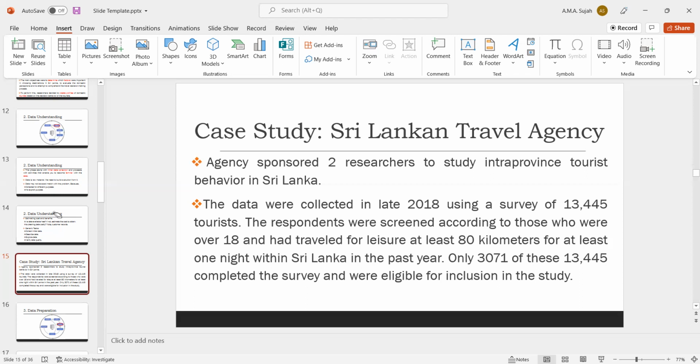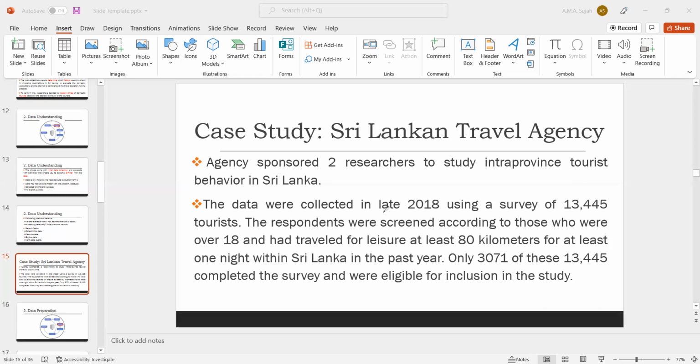So let's think the data is collected in late 2018. What is the reason I am taking 2018 to collect the data? Anyone guess? There are some reasons. In 2019, there was a blast. Due to the blast, the tourist visits were reduced.